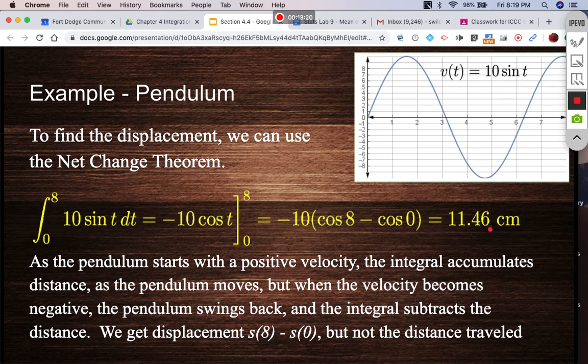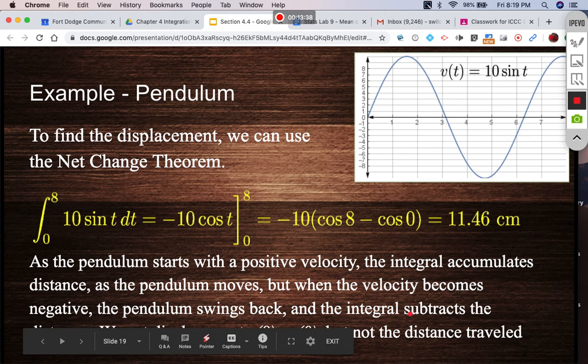So the net displacement, the difference between the position at time 0 and the position at time 8, is 11.46. That's the displacement. It's not how far the pendulum traveled, though.